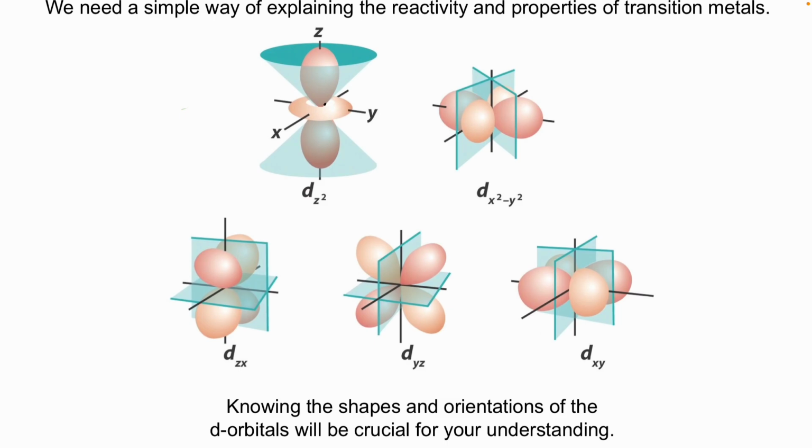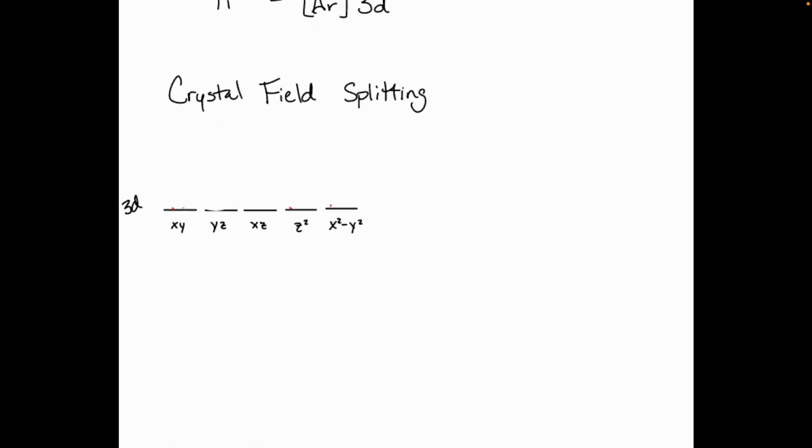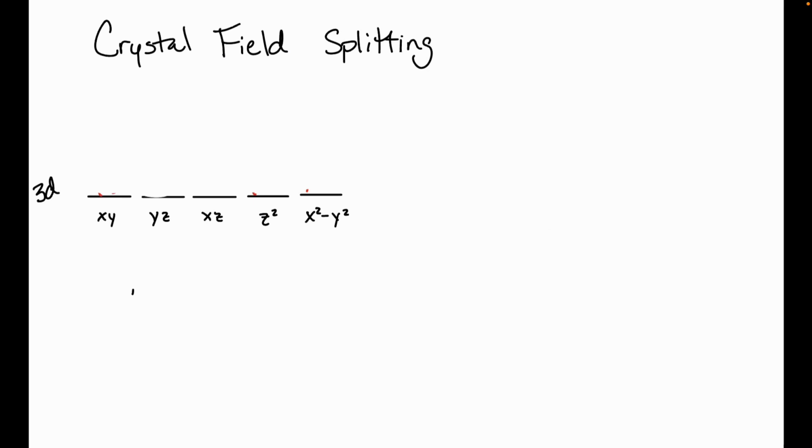Each one could contain 2 electrons. So we're going to see something similar here, except now we're not just going to be working with these atomic orbitals, but we're going to say that they split. So these were my atomic orbitals.